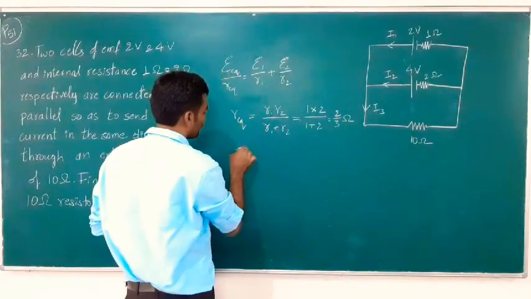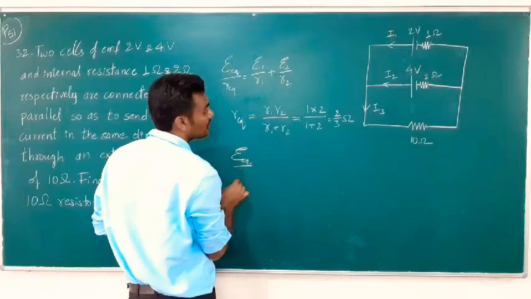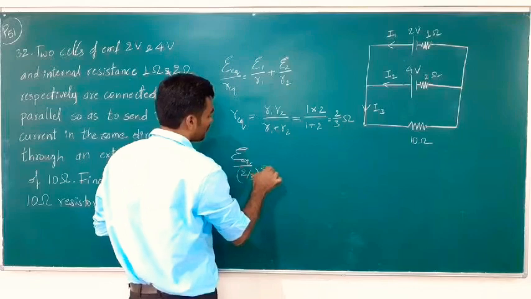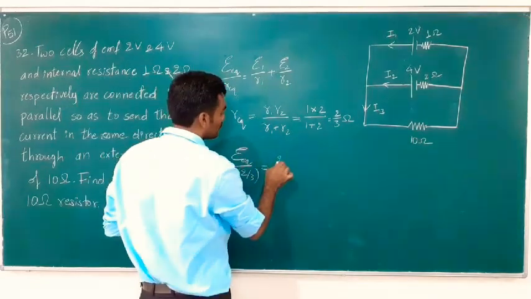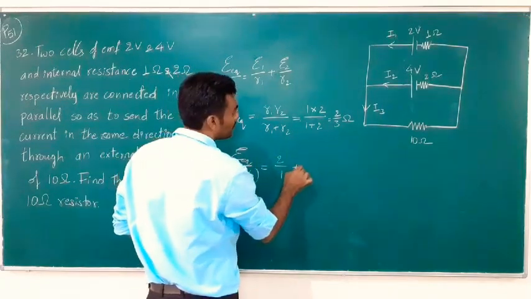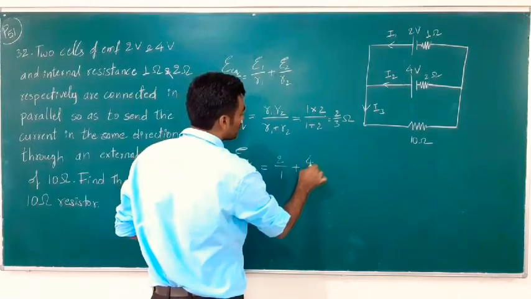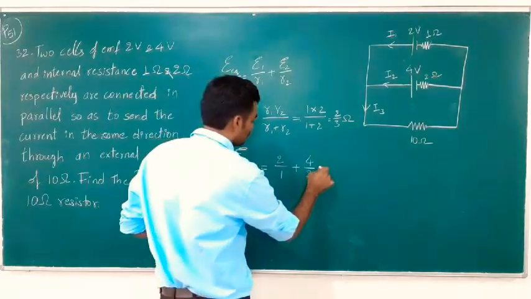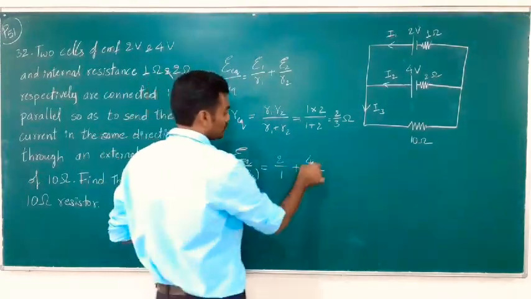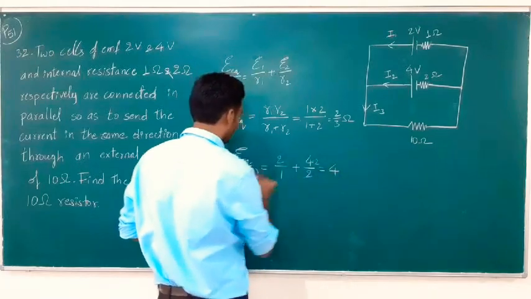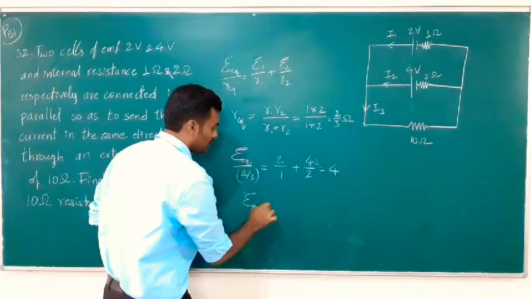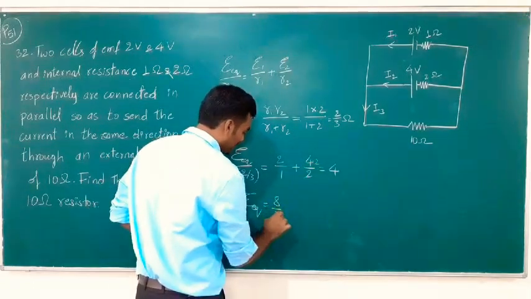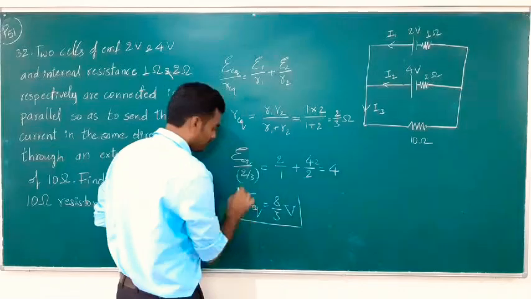Keeping the value of R equivalent here, E equivalent by 2 by 3 is equal to E1 which is 2 volt over R1 which is 1 ohm, plus E2 which is 4 volt over R2 which is 2 ohm. So 2 by 1 is 2, and 4 by 2 is 2, total 4. So E equivalent is equal to 2 by 3 into 4, which is 8 by 3 volt.